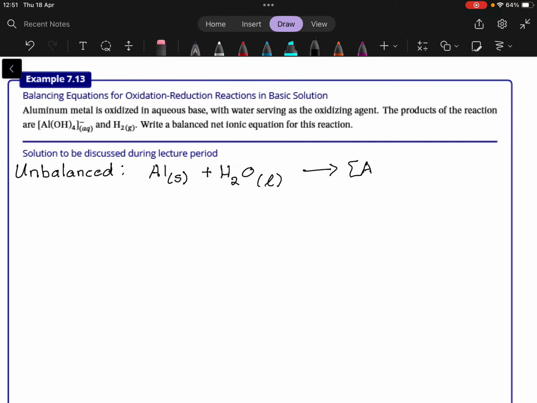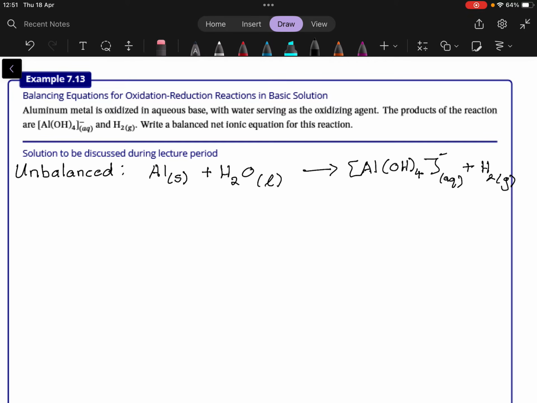So this is called a complex. It's a metal complex for -1. This is of course solvated, and we have hydrogen gas. Okay, so this is not balanced yet. We need to figure out how to balance it.